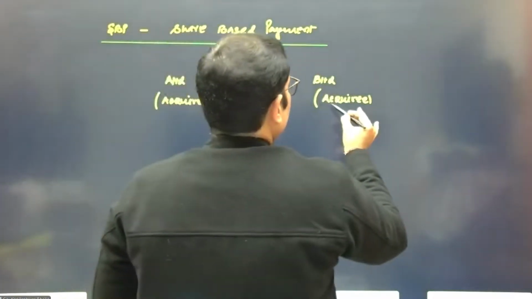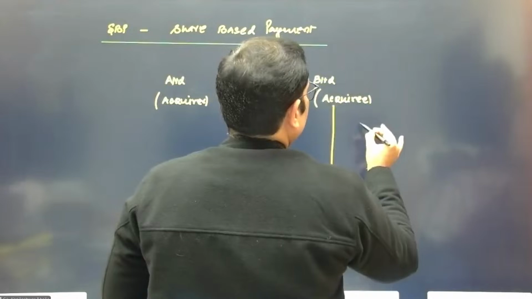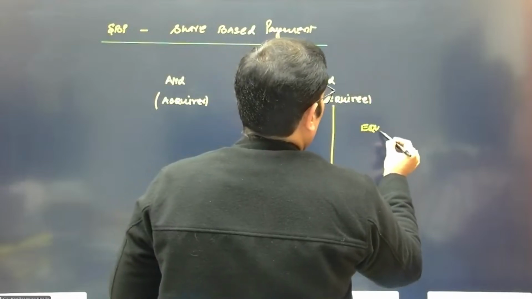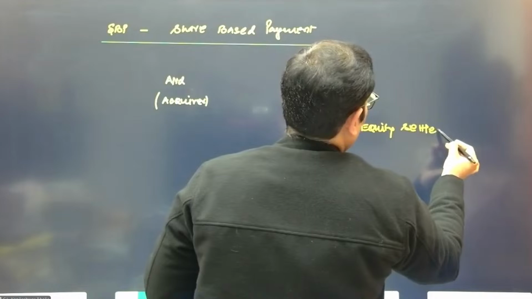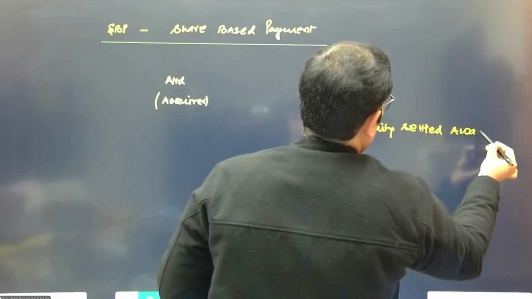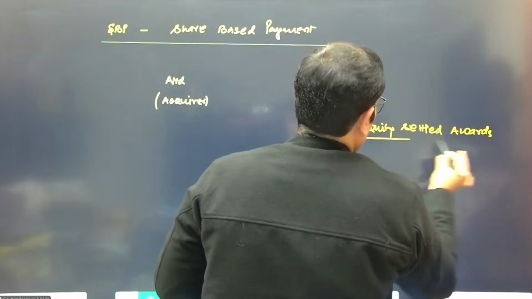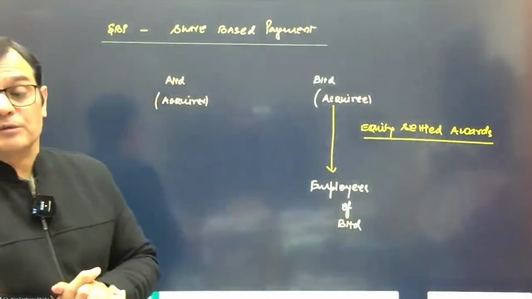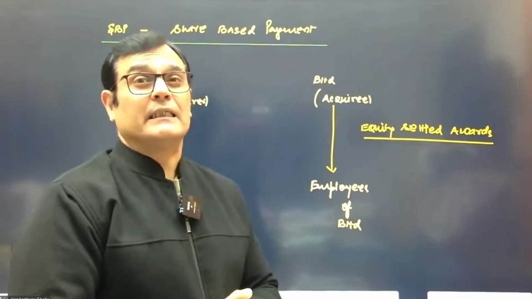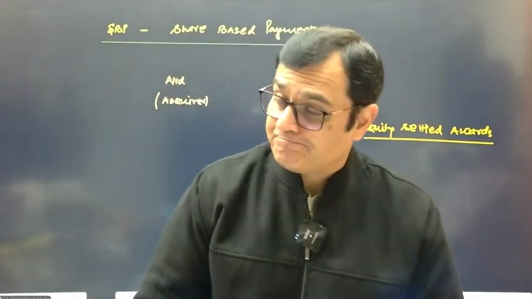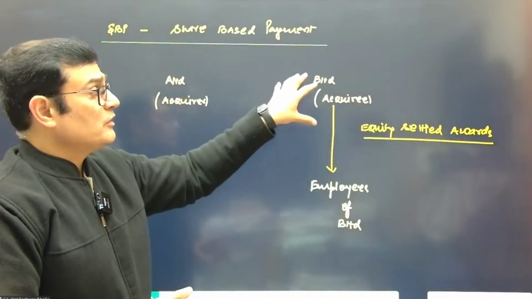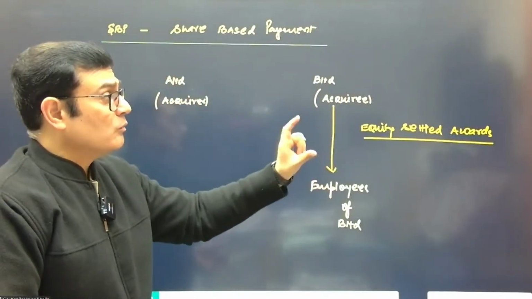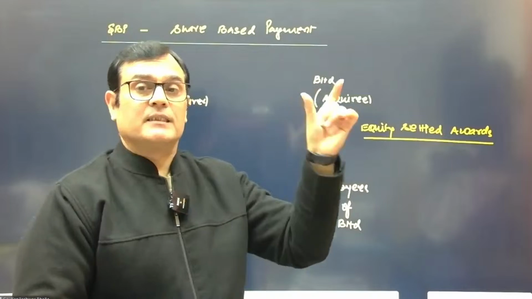Now, B Limited gave certain equity settled awards to its employees. Can you tell me what would be there in the books of B? What balances must have got accumulated in the books of B? If he's accounting for these equity settled awards, what is the balance accumulated in his books?